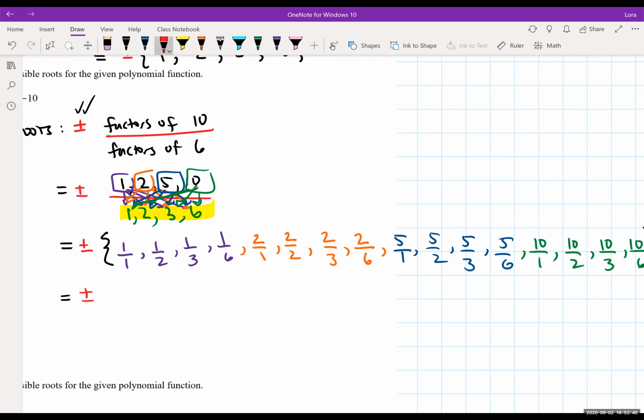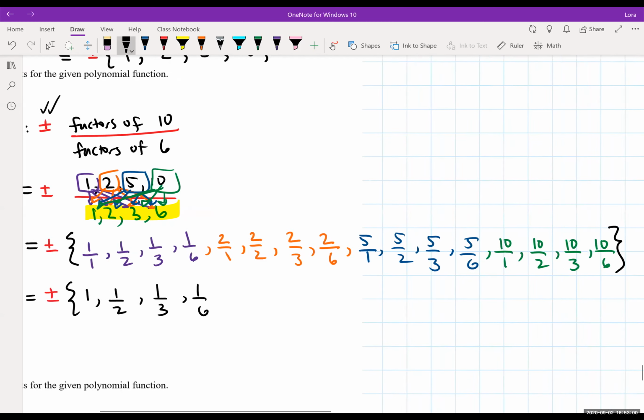So let's go through this. Let's simplify everything out. I'll start off with 1 over 1, which is just a 1. So we're good to go there. 1 over 2, we're still good. 1 over 3, 1 over 6. That hasn't really changed. Now we say 2 over 1. That's a 2. We haven't written that already.